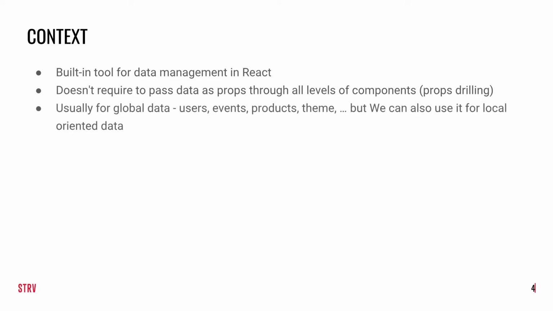And usually it's used for global data such as users, events, products, team. But one difference between Redux and context is that it's suitable for local-oriented data as well.